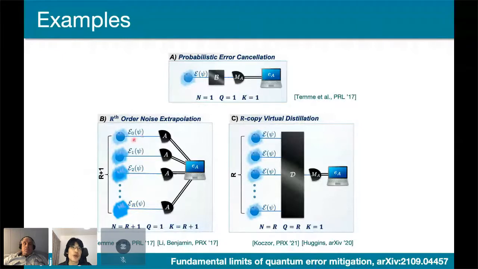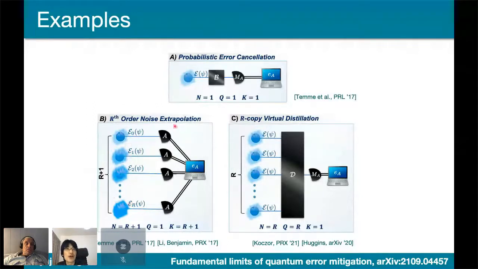Then you prepare this set of noisy states so that you make a plot for each noise level, and you can extrapolate the noiseless case by looking at these data.